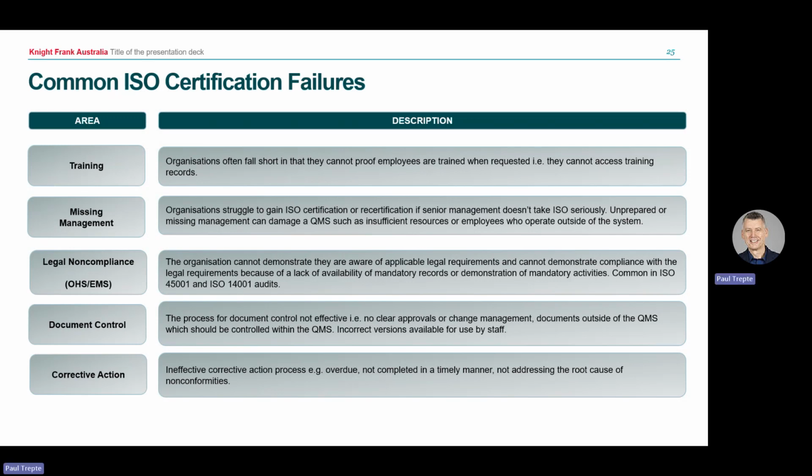If they're unprepared or they're missing, it can damage your chances of achieving certification. I once, during a recertification, raised a major non-conformity on a managing director who was meant to be meeting me that morning so I could interview him, but decided he wanted to go off and play golf instead. That company didn't get certification.